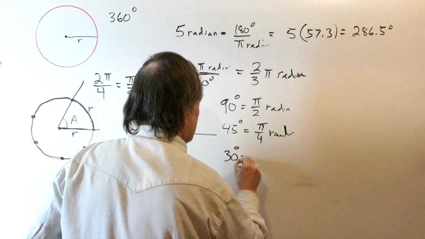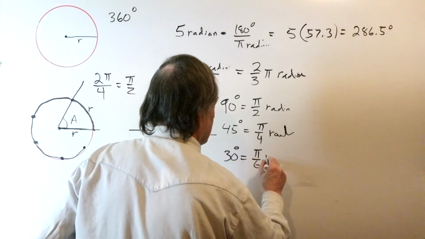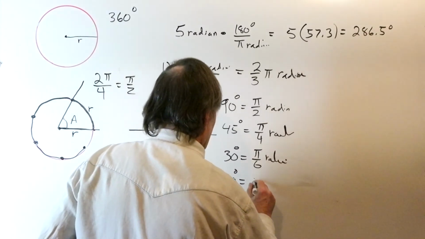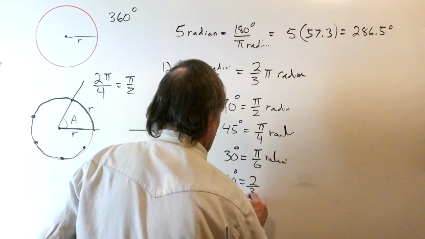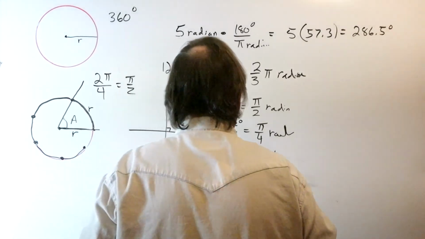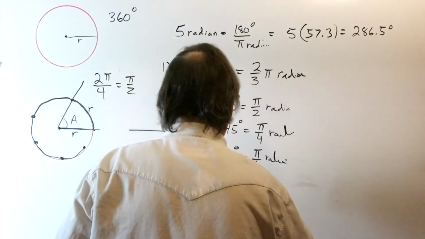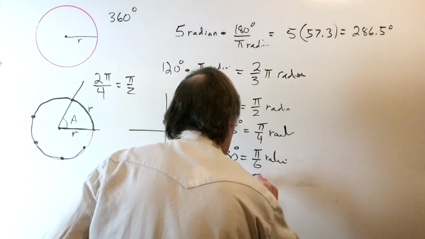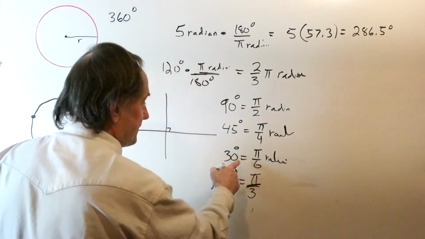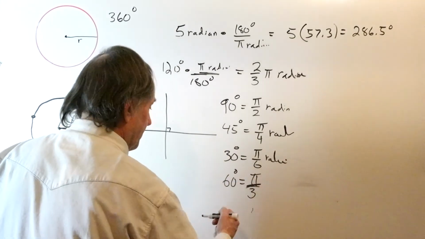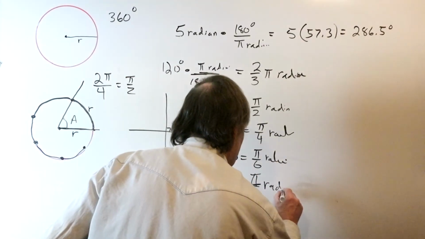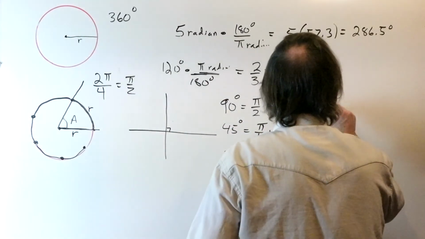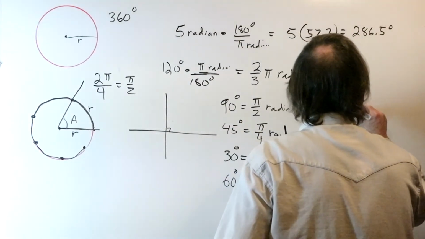30 degrees is pi over 6 radians. 60 degrees is 2 thirds, or pi radians over 3. Okay, it's twice 30, so it's pi over 3 radians. 180 degrees is pi radians.